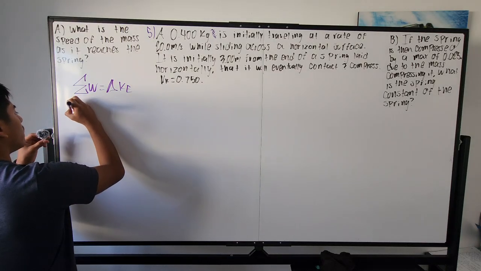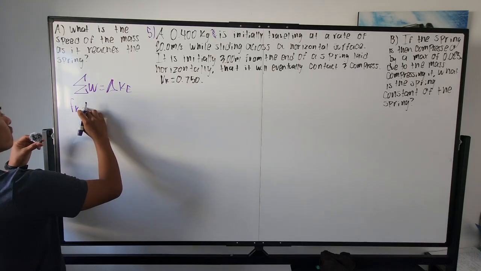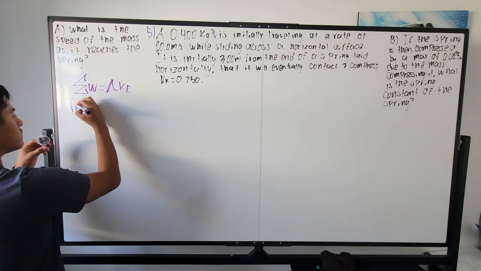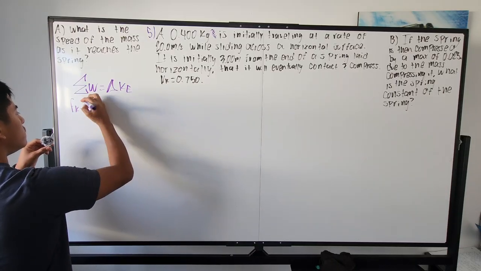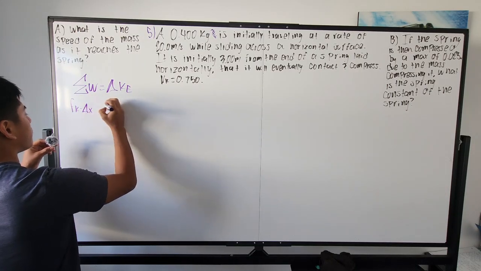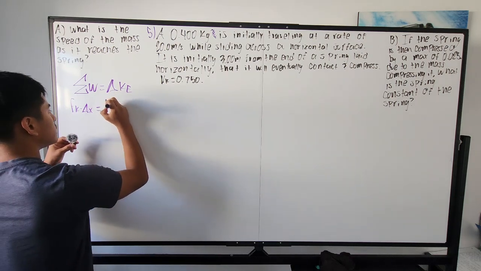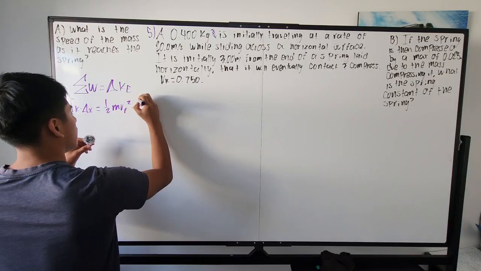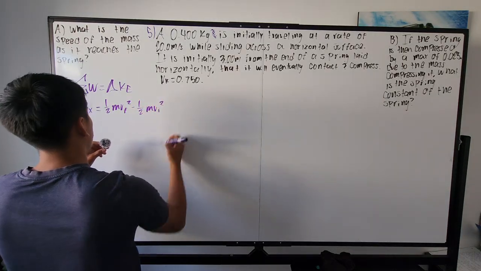So then we have the force of friction times the distance, or I'll do delta x. It's going to be equal to kinetic energy, which is 1/2 mv final squared minus 1/2 mv initial squared.